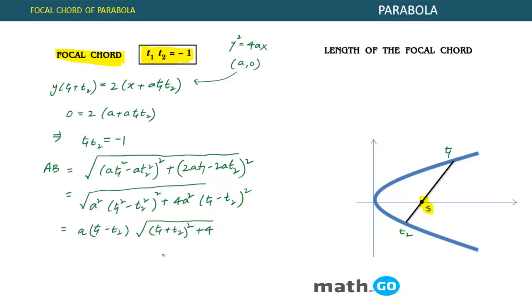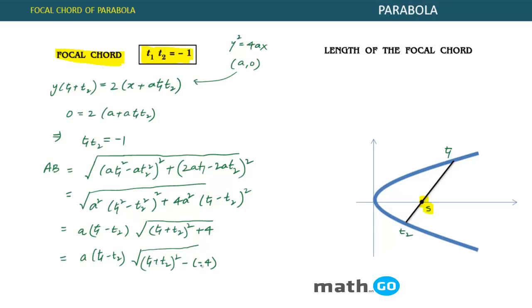Now, if it is a focal chord, what can you say? T1 T2 is -1. So can I say that this becomes (T1 - T2) times the square root of (T1 + T2)², and if I say that this is minus of minus 4, any problem in this? No problems.